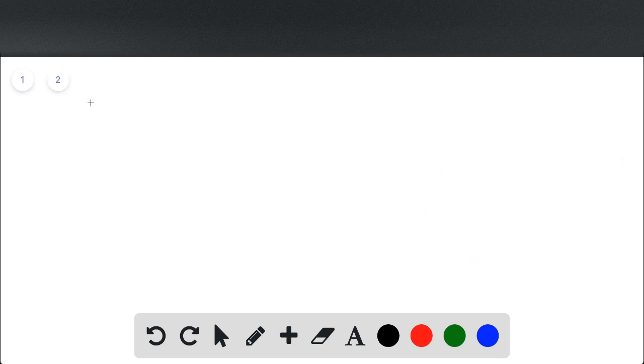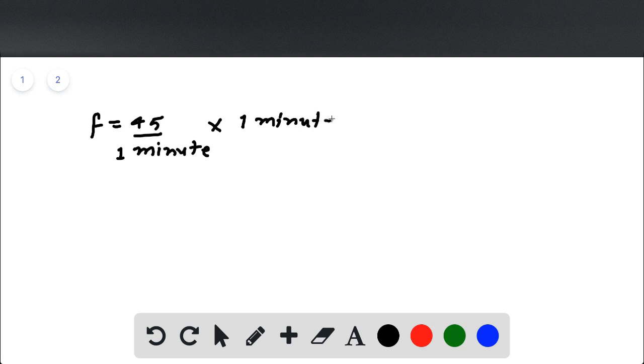So the first thing is the frequency of revolution, f, which was 45 revolutions per minute. So I'm going to do 45 for 1 minute. Let me change this to seconds: 1 minute over 60 seconds.